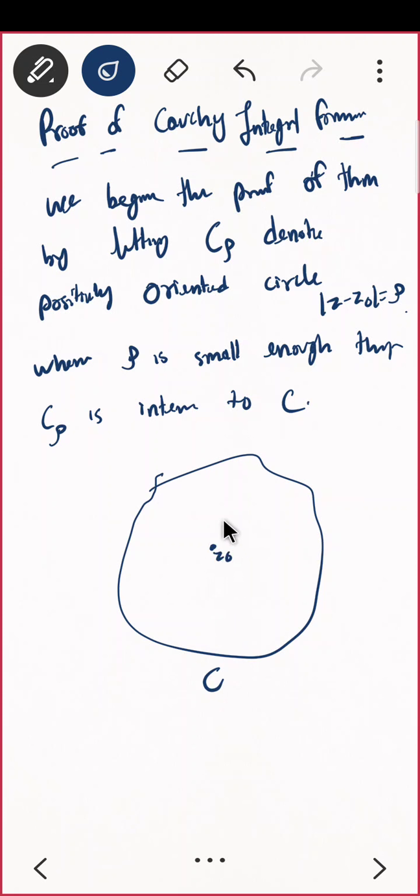So we need to decide a rho such that I can get a circle, that I'll call C rho, and that is completely lying inside C. We can get that because I can choose rho as small as I want, and if my domain is like this, then I can get a circle around that point. Do you agree?